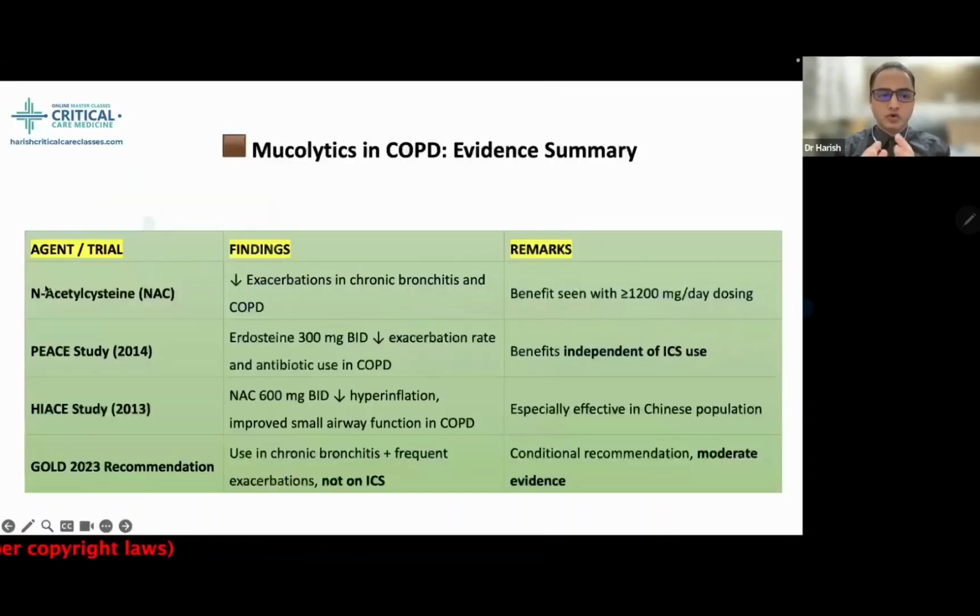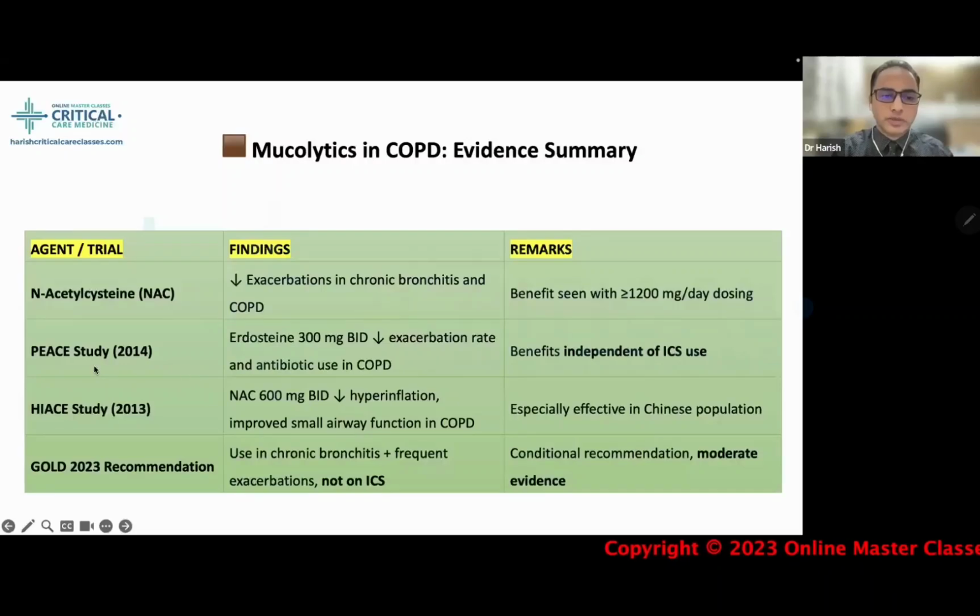If you see, the most commonly used mucolytic is N-acetylcysteine, which suggests reduction in exacerbation in chronic bronchitis and COPD. Benefit is seen when you use at least more than or equal to 1.2 gram per day as the dosing.